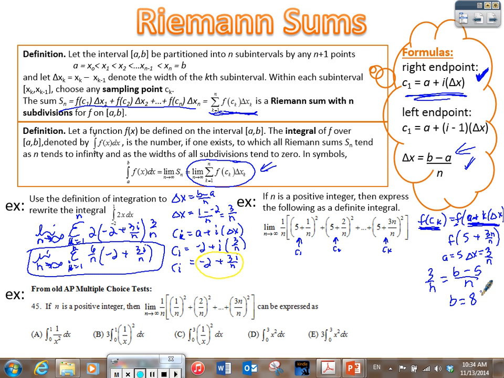Once I have my a and b, I have the bounds of my integral. My bounds are from 5 to 8. And according to this format, what is my function? x squared. That's my integral. That's it.